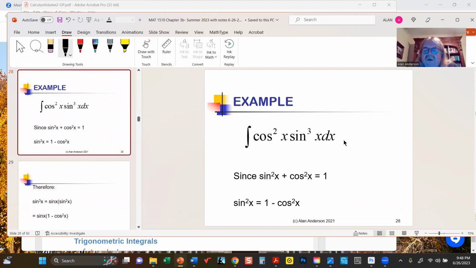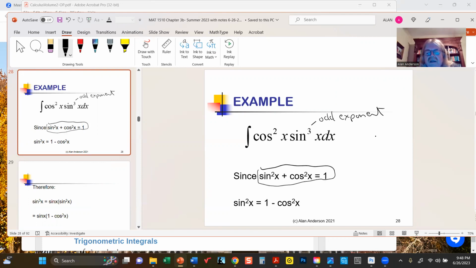So here we have cosine squared x, sine cubed x, dx. All right, beautiful. So this is indeed odd. So we're all set. This is our Pythagorean identity, which implies that sine squared x is 1 minus cosine squared x. So basically, since we don't have sine squared x, we have to provide it ourselves.